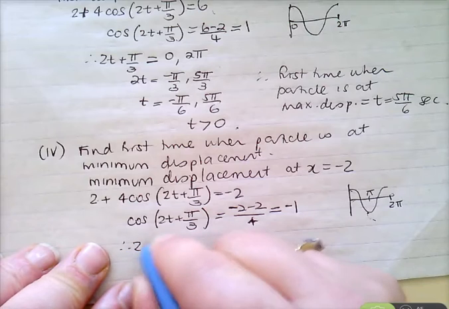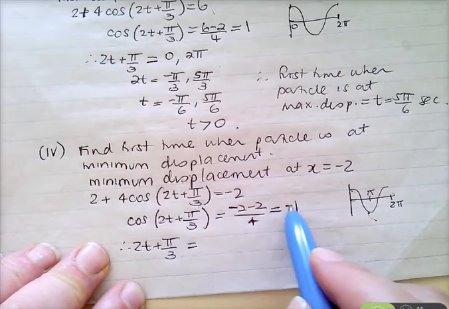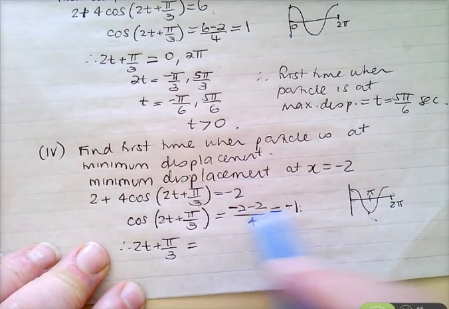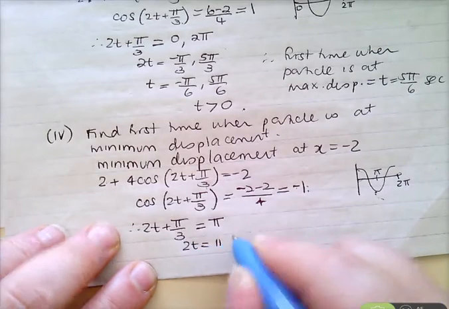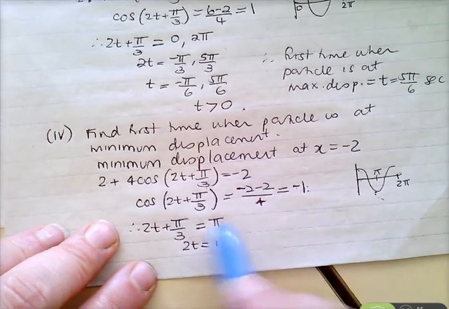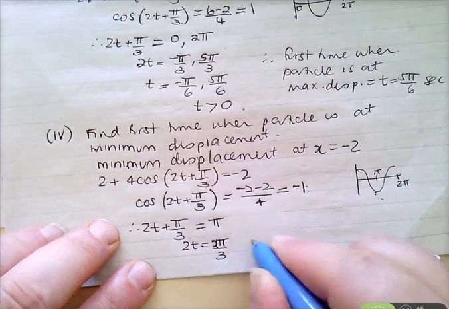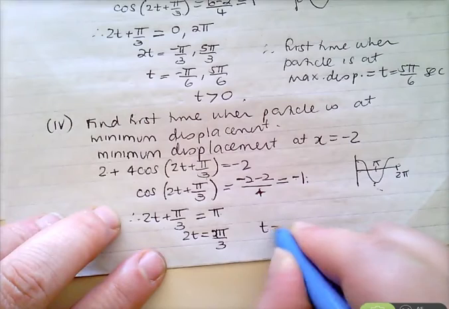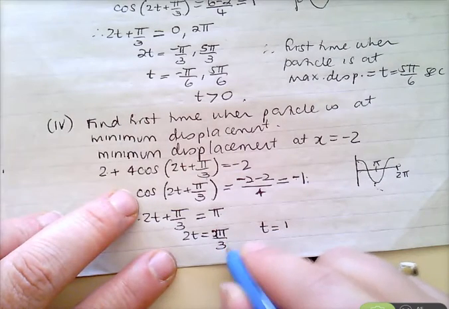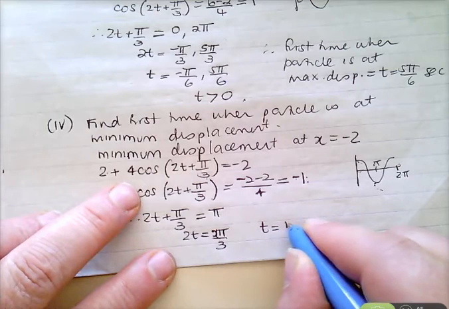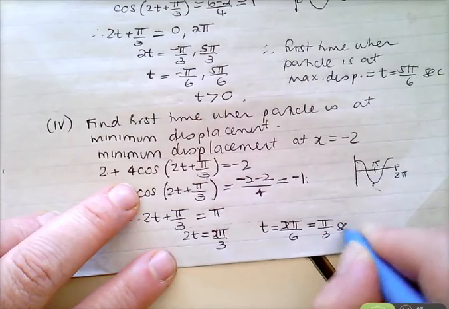So therefore 2t plus pi on 3 equals pi. So 2t is pi minus pi on 3, so that's 1 minus a third, which is 2/3, so it's 2 pi on 3, and therefore t is 2 pi on 3 divided by 2, which is 2 pi on 6, which is pi on 3 seconds.